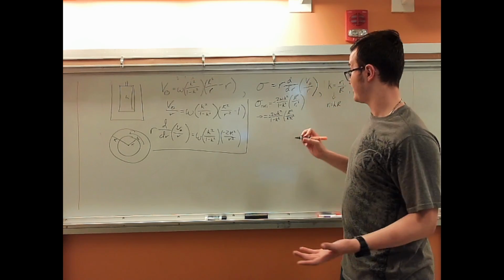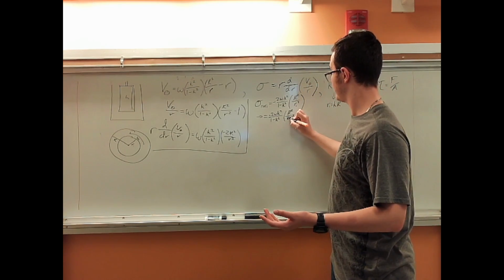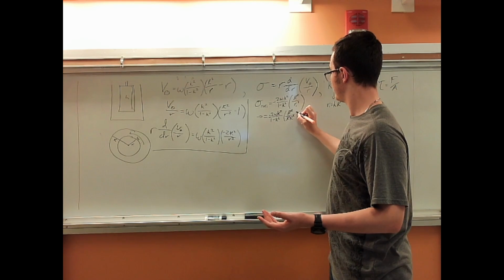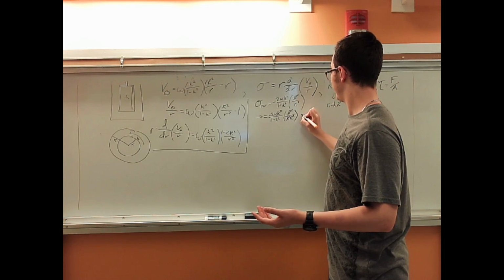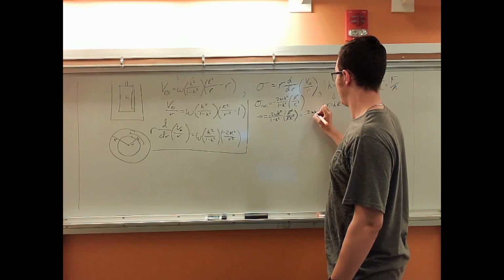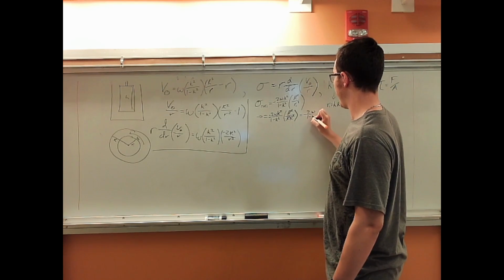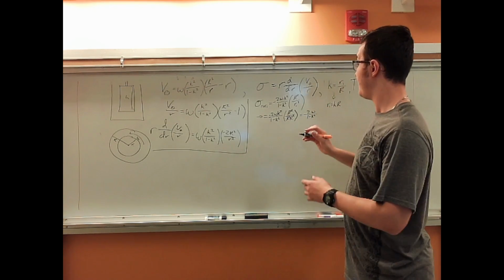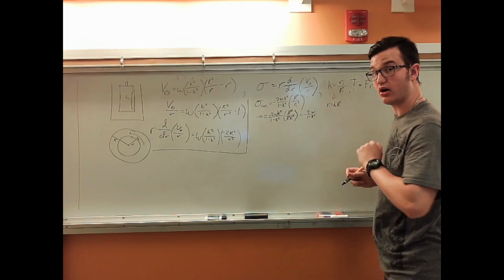Now we can cancel some things out. r cancels, k cancels, and it's equal to negative 2 omega over 1 minus k squared. And that is specifically for this inner radius.